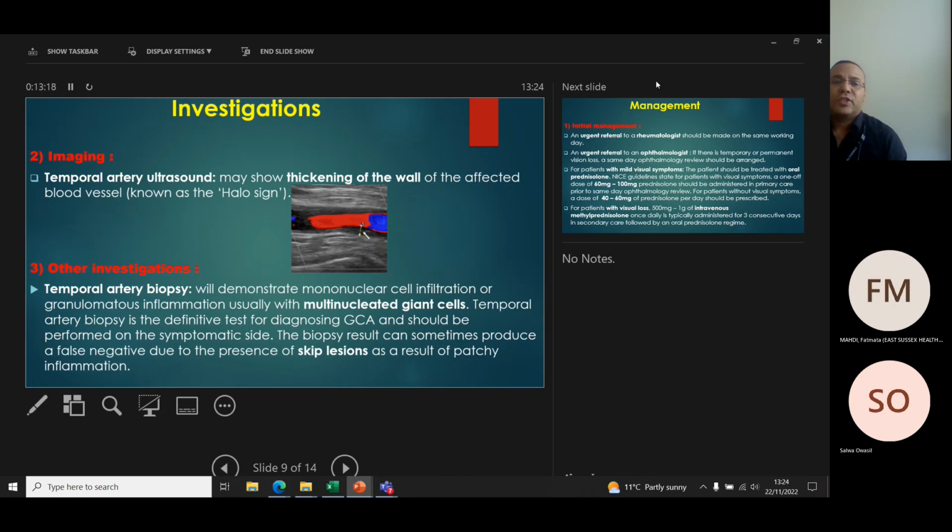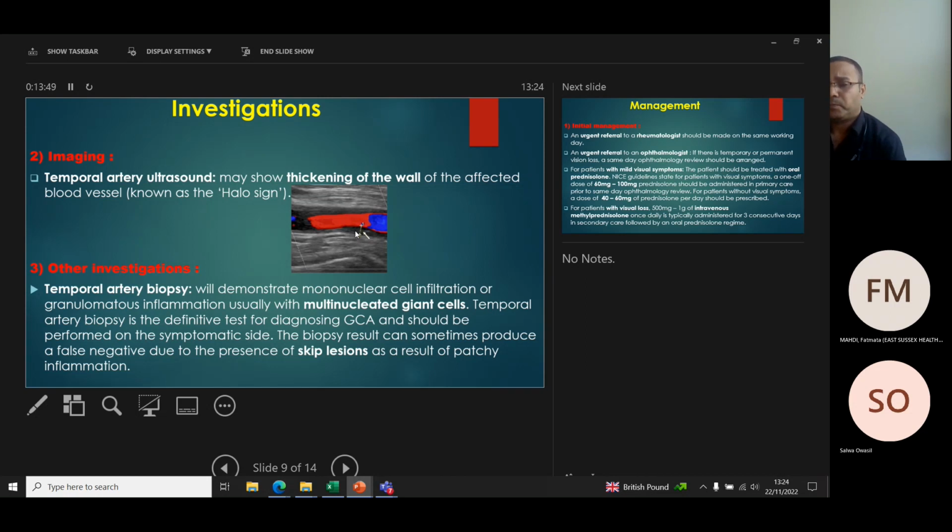Non-invasive imaging, including temporal artery ultrasound, is the most usual imaging or available scan for a case of GCA, and it will reveal thickening of the wall of the affected blood vessels, a phenomenon known as halo sign. As you see here in halo sign, the red color is the blood flow, and this is the wall of the vessels, which will be thickened here.